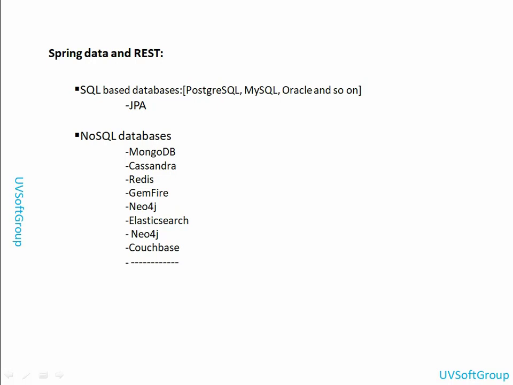For us, in this case, we use a NoSQL database. You see there are different NoSQL databases: MongoDB, Cassandra, Redis, GemFire, Neo4j, Elasticsearch, and Couchbase. So for this case, we try to implement the RESTful service based on that.